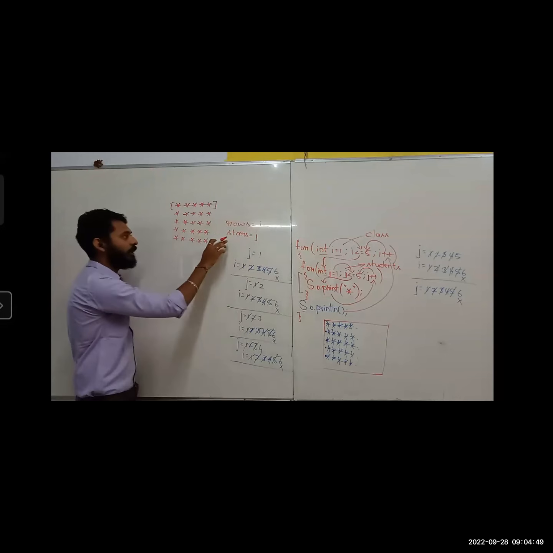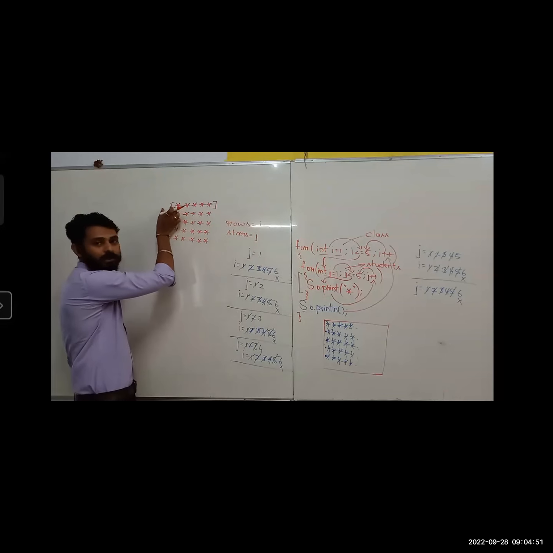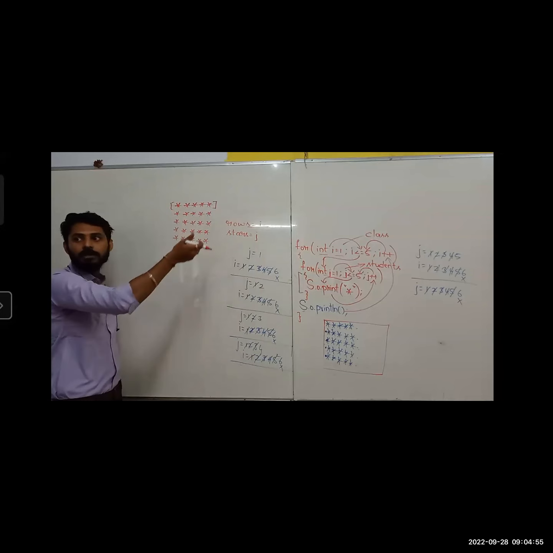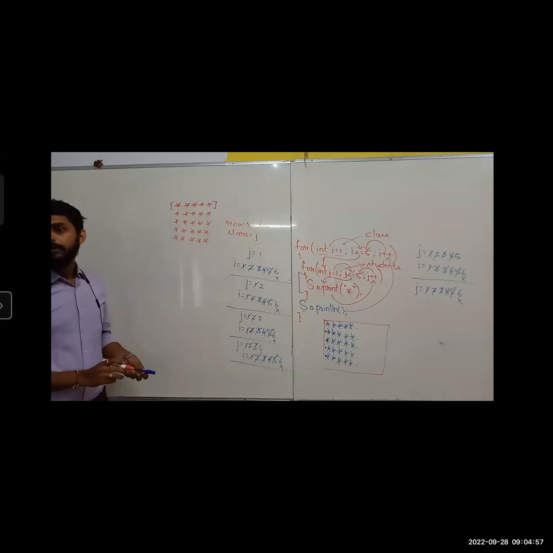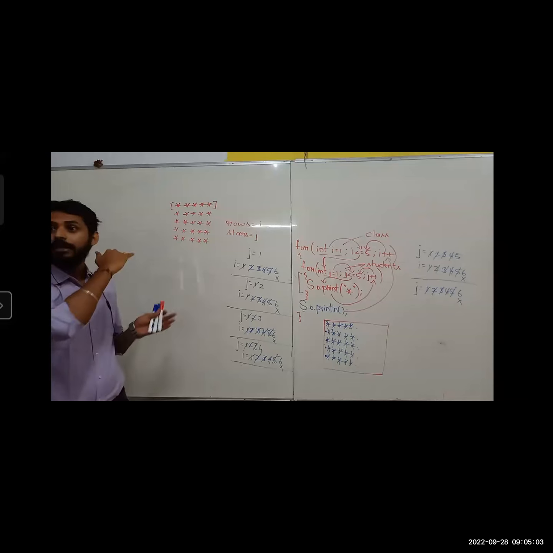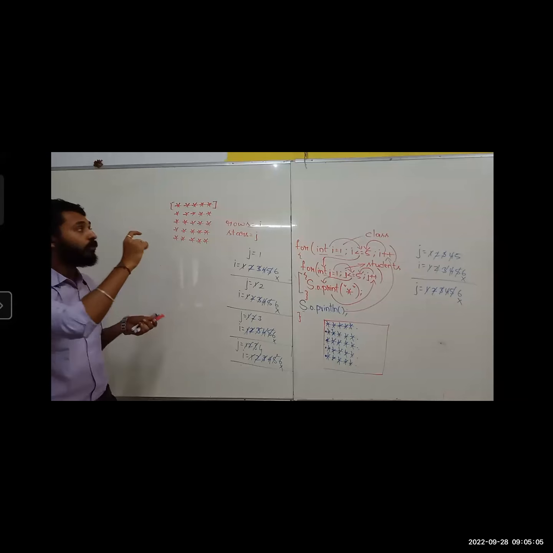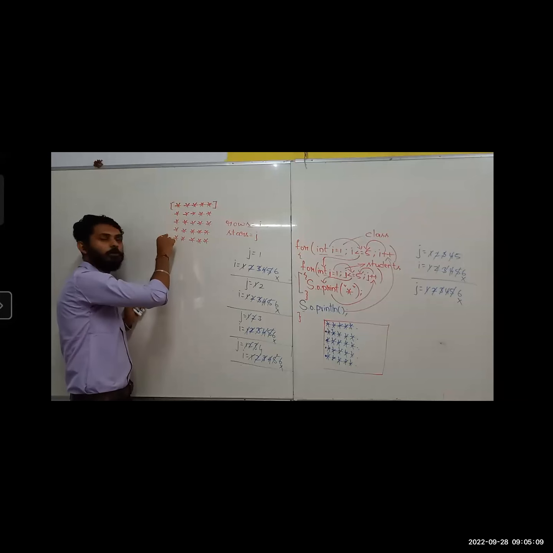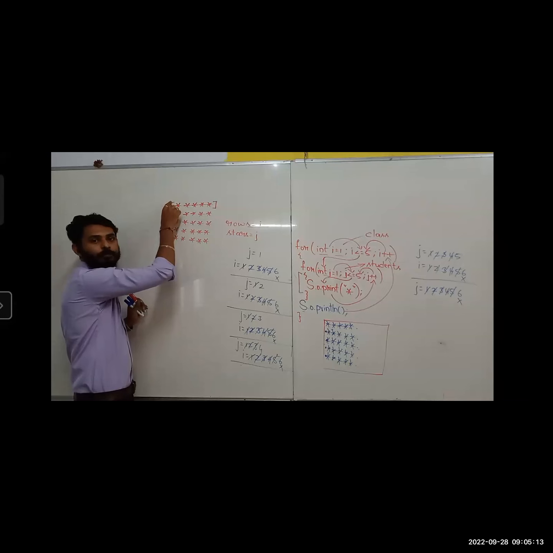Then what I'm doing? Inside each row, I want to do one more task repeatedly. There are two tasks which I'm doing repeatedly. Which are those? Printing stars. First task is selecting the rows. I don't want one row. First I will select one row. Then I need one more row, one more row, one more row, one more row. And in each row, what I'm doing? Print one star, print one more star, one more star, one more star, one more star.